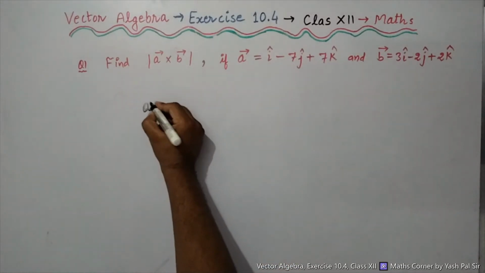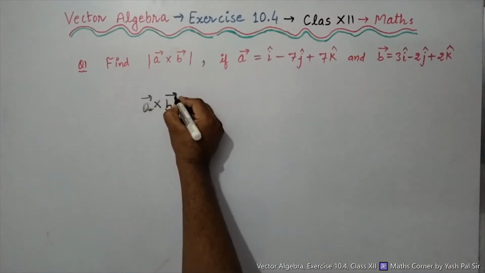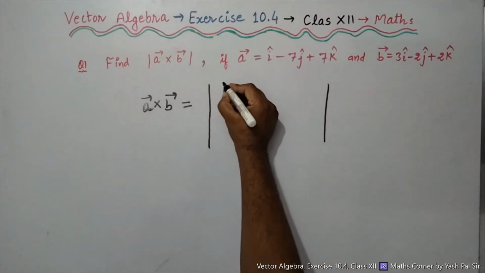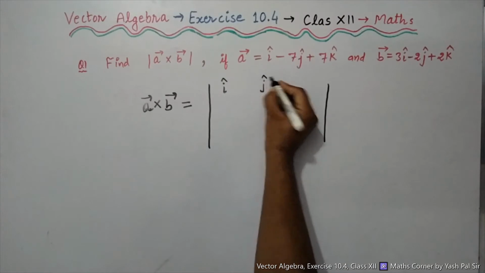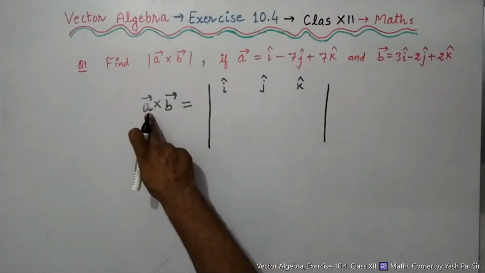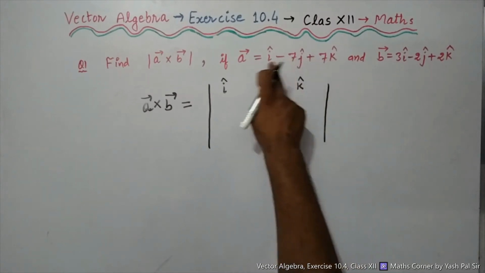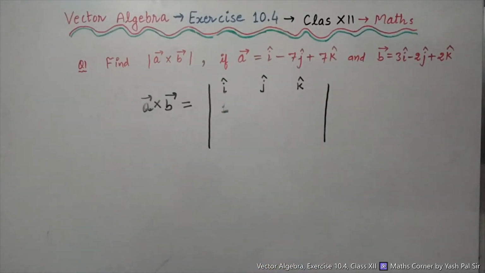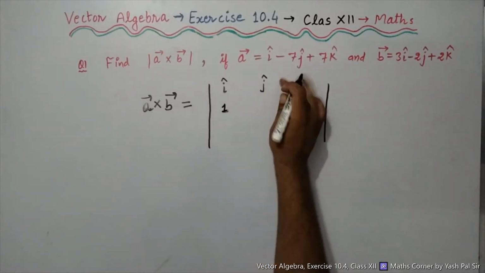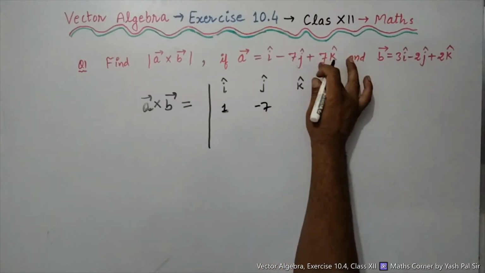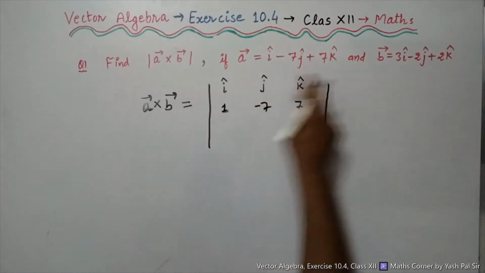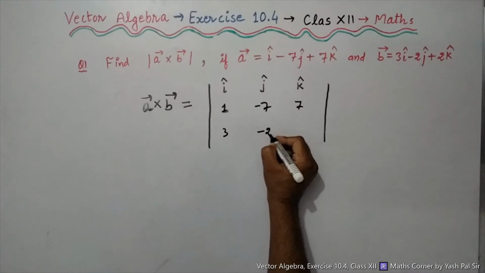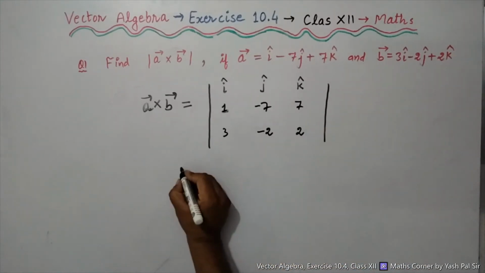So first of all we have cross product of A cross B is equal to determinant symbol, we write i cap, j cap, k cap. Vector A components are i coefficient 1, j coefficient is minus 7, then k coefficient is 7. Likewise, coefficients of B components 3, minus 2, plus 2.